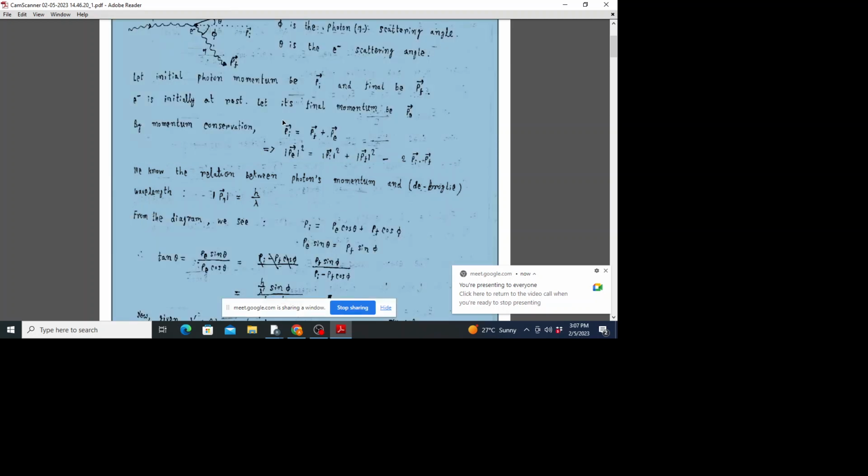Now we have written this momentum conservation relation like this, and then we will resolve it into components. As you expect, the resolution into two components is sufficient. One resolution is needed along the initial direction of the photon's momentum, and the second along the perpendicular direction to the initial momentum direction.